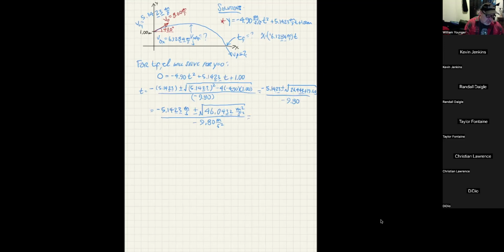So now if I take the square root of that, so 0.5, I'm going to get, here it is, negative 5.1423 meters per second plus or minus 6.78. Now remember, this was actually 3 sig figs in there, so the 7/8's fine, but I have a 5 and a 5 here that are extra.